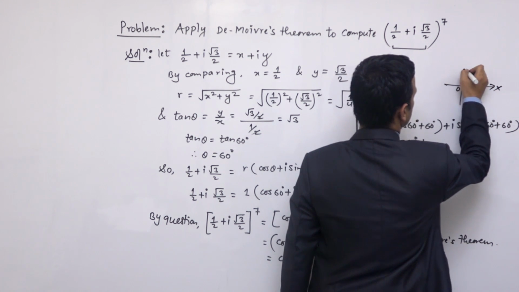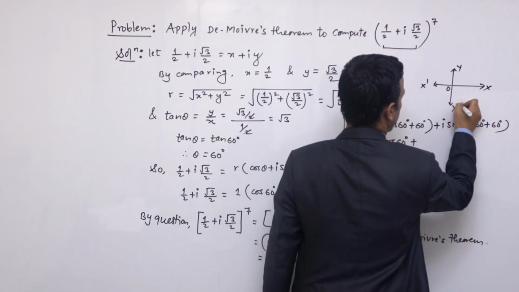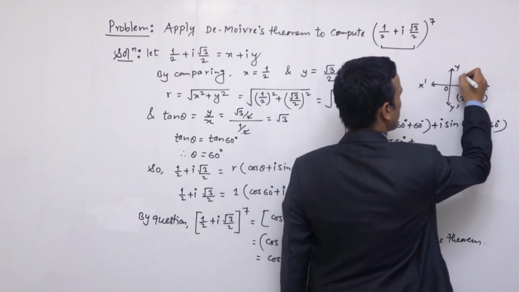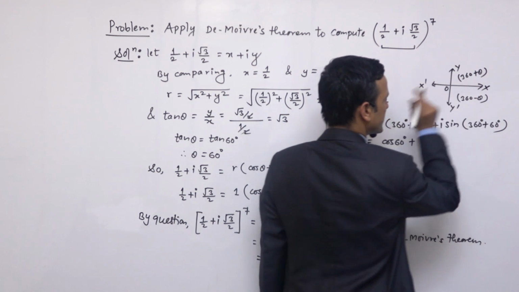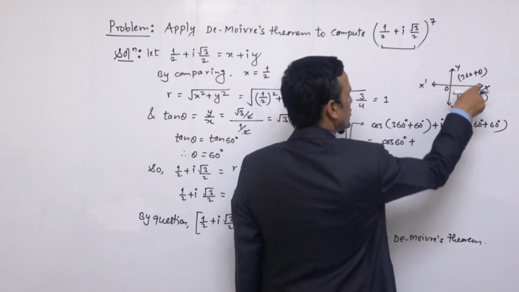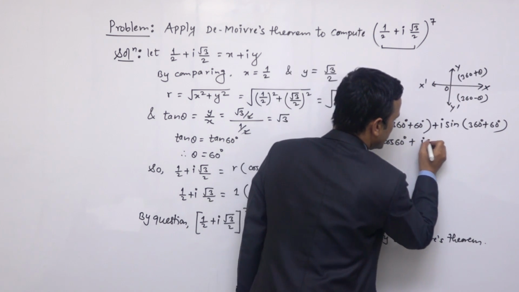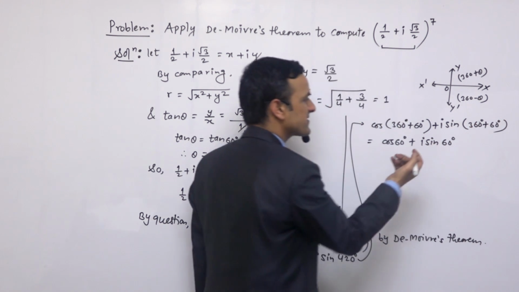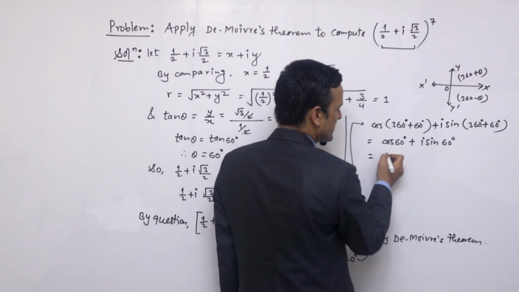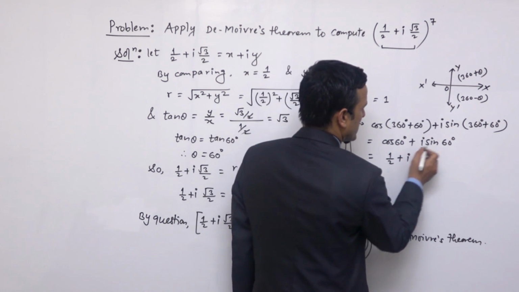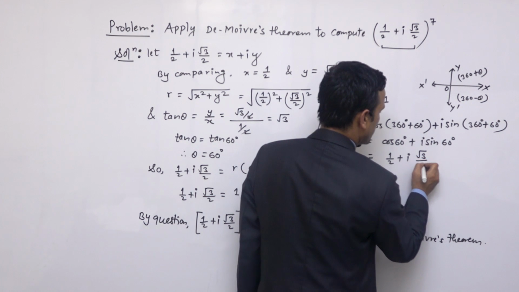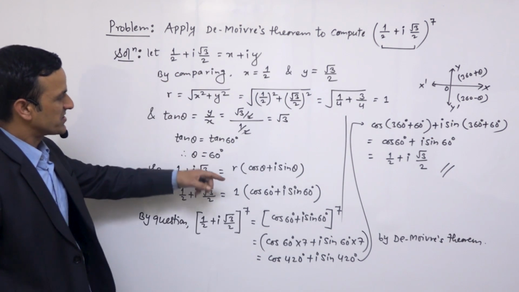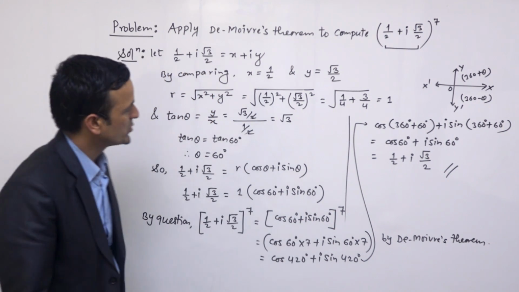This is x, this is y, this is x dash, this is y dash. यसमा चाहिँ 360 minus theta हुन्छ, अनि 360 plus theta भनेको यो फर्स्ट क्वाड्रेन्ट हुन्छ. Cos 60 means 1 upon 2, sin 60 means √3 upon 2. So this is the value obtained for this question by using de Moivre's theorem. So this is the final solution which is shown here.